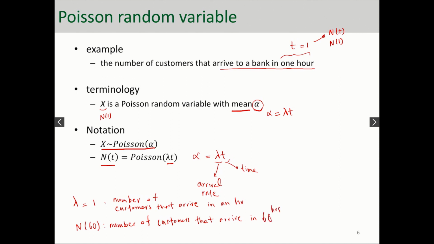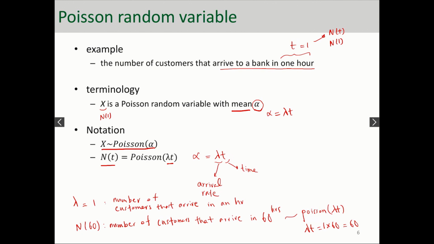So we're talking in terms of hours. Everything is hours. That is a Poisson random variable with an average of lambda t. So that lambda t is 1 times 60. So 60 is the parameter of this Poisson random variable.